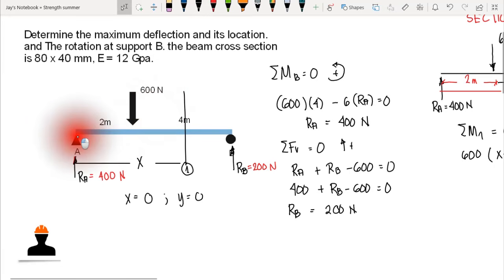Okay, so therefore our A has no vertical deflection, so we can say that y at that point is 0. So when x equals 0, then y is equal to 0.